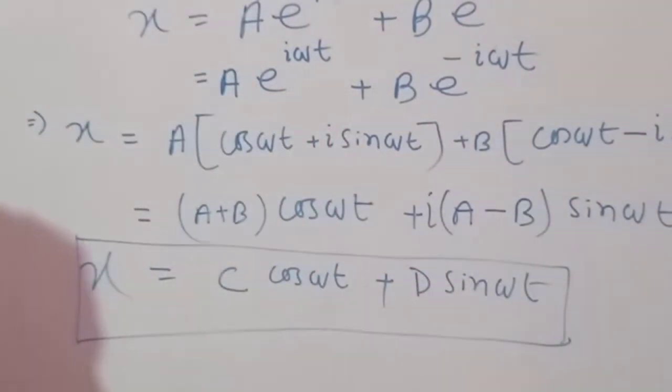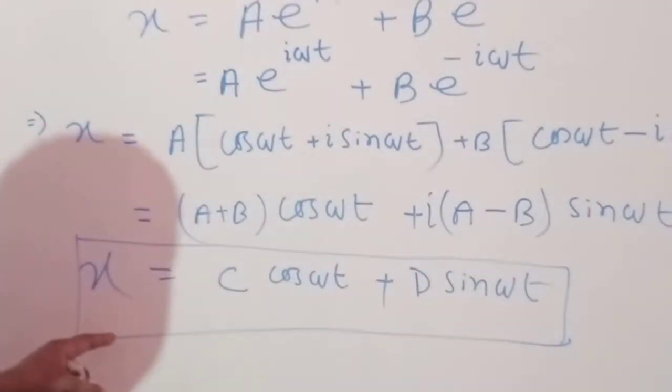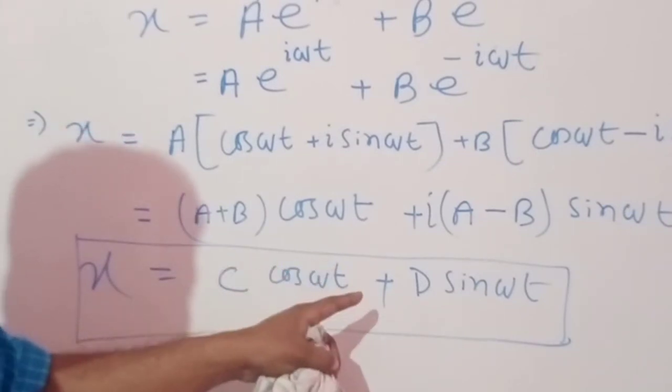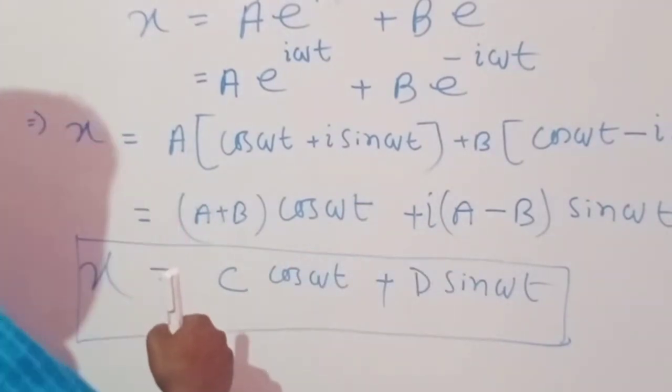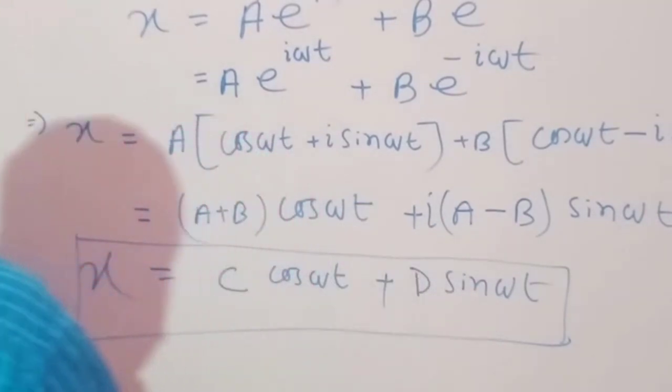This is the general solution of simple harmonic motion. x equal to c cos omega t plus d sin omega t, and we can simplify it further.